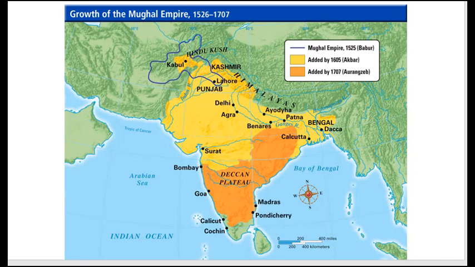So what they utilized was local Hindu regimes, local Hindu princes and others, to rule over India in their place. So the Mughals controlled the overall structure of their empire, but they relied very much on local Hindu rulers to administer this empire that they had expanded throughout much of India.